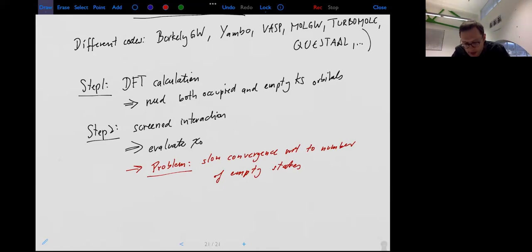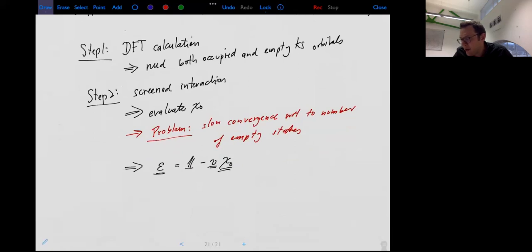Once we have chi0, well, we can obviously calculate the dielectric matrix. Right? And once we have the dielectric matrix, we can calculate the screened interaction, epsilon inverse V.